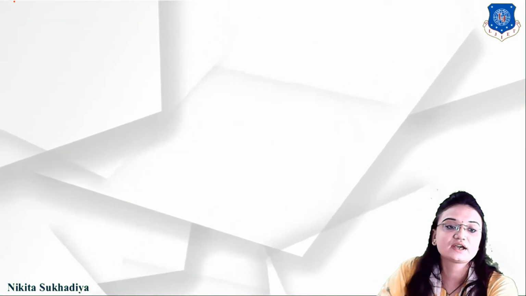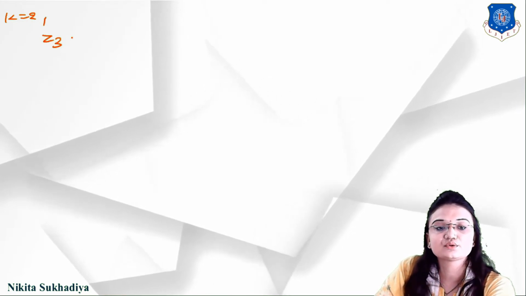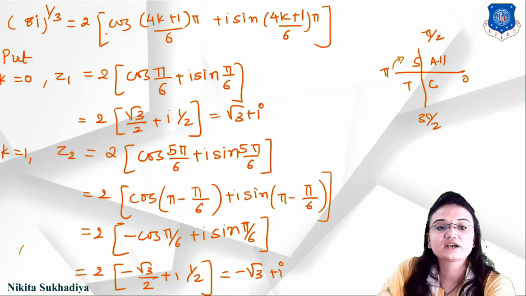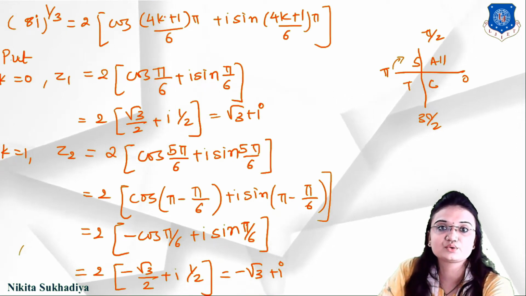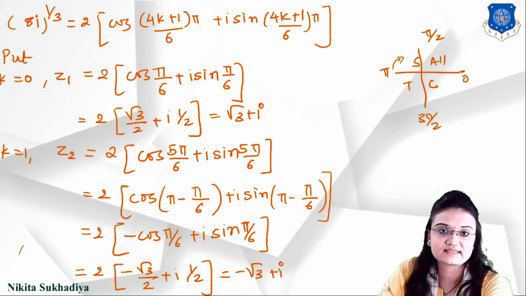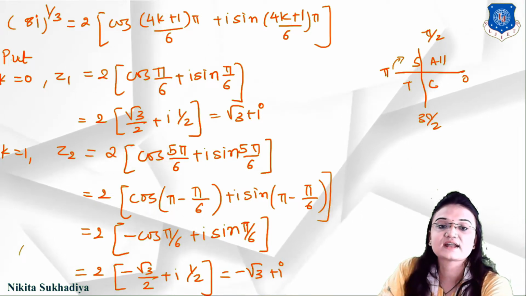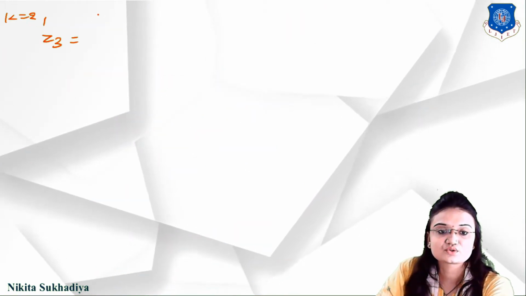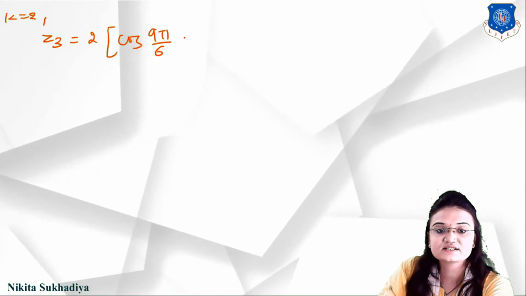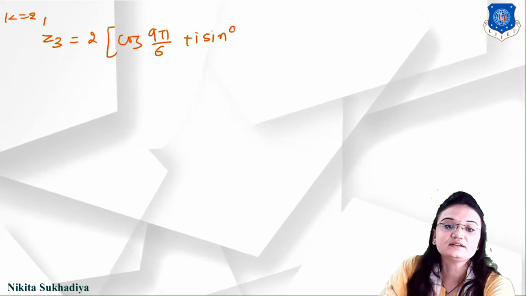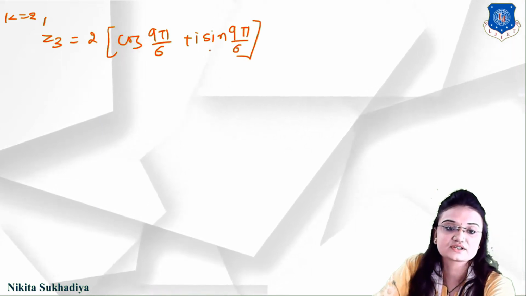Okay, now put k is equal to 2. So we will get our third root, that is z3. So by putting k is equal to 2, this is 4 plus... 8 plus 9, okay, so this will become 9 pi by 6. So this is 2 into cos 9 pi by 6 plus I sin 9 pi by 6.